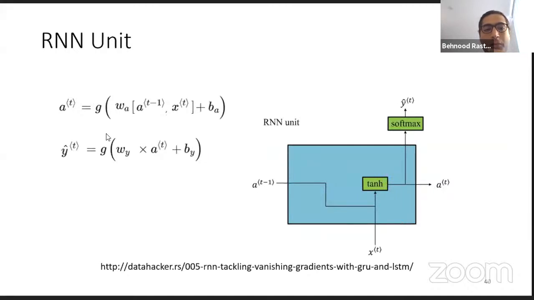And then for output, again, you have your weights and biases applied on A at time t, and the activation function is softmax in this case. So sometimes people use these units with this kind of block diagram, and it might be a little bit simpler to understand the concept.